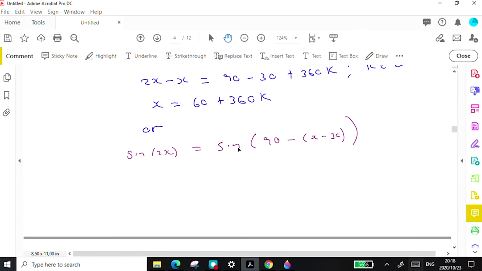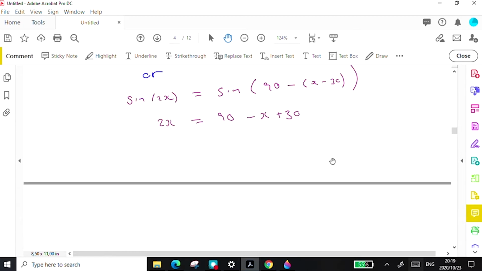Since we have sine on the left and sine on the right, the inside must be the same. That is 2x must be equal to 90 minus x plus 30. And 3x must be equal to 120, and the period of sine is again 360k, where k is an element of an integer.